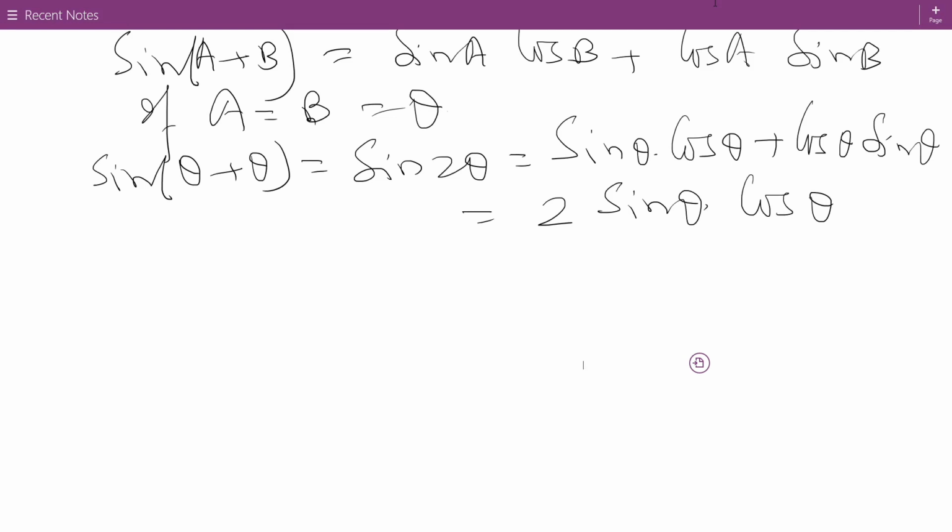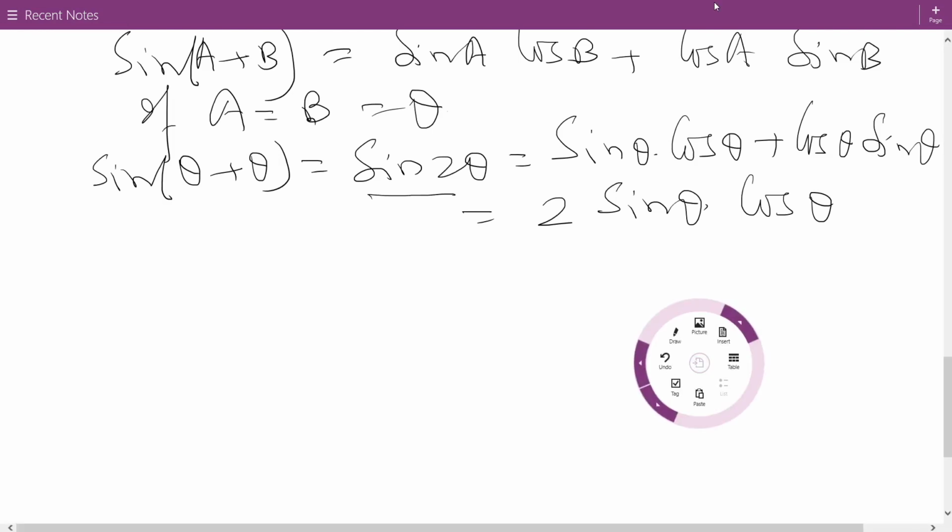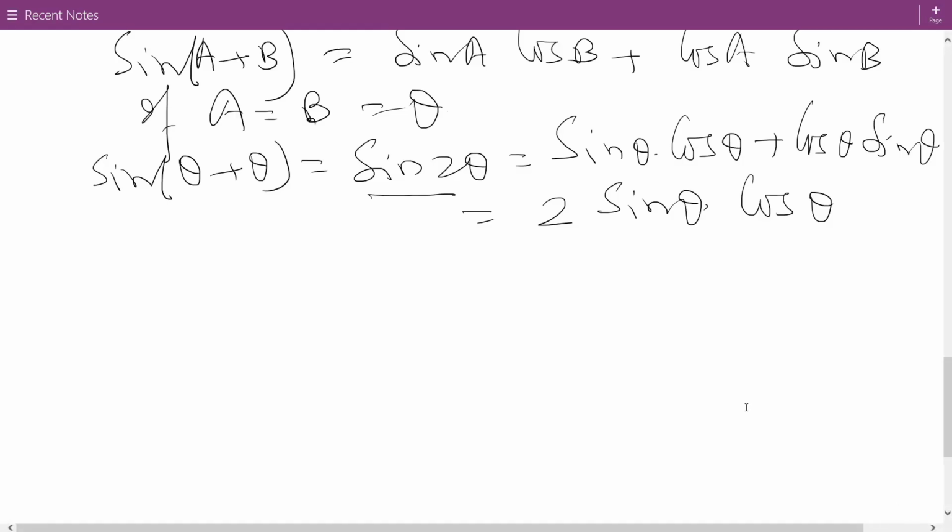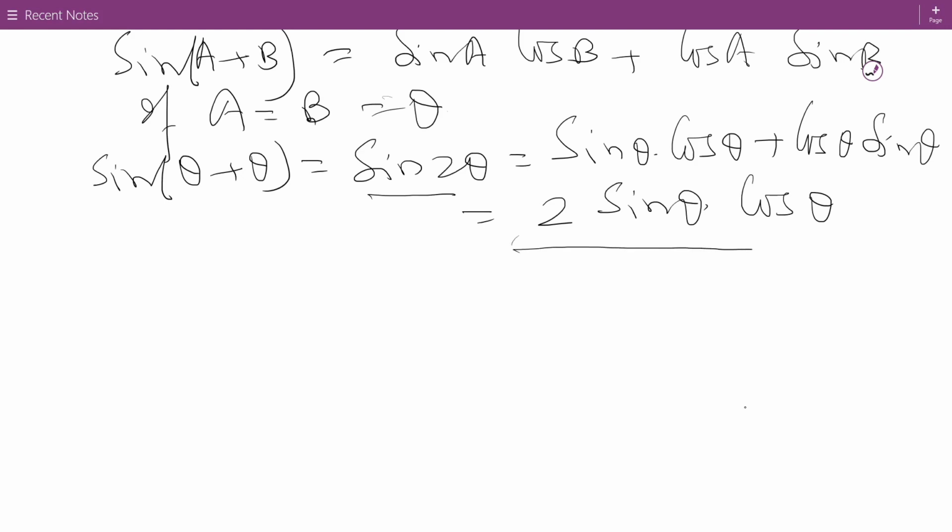Therefore sine 2 theta equals 2 sine theta cos theta.